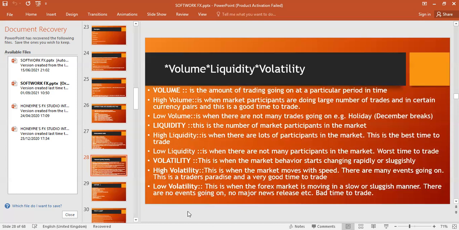So let's look at volatility. This is when the market behavior starts changing rapidly or sluggishly. So we can have high volatility in the market. At the same time, we can have low volatility in the market space. When the market is said to have high volatility, that is when there is high movement in the market.